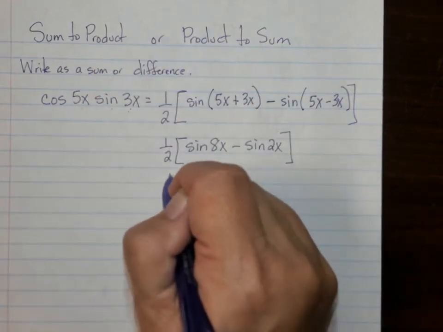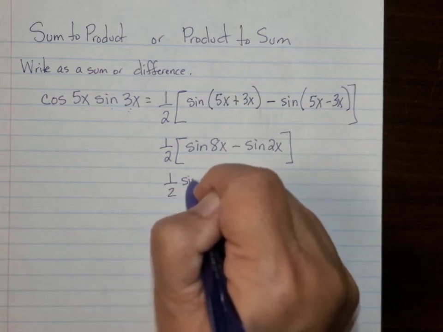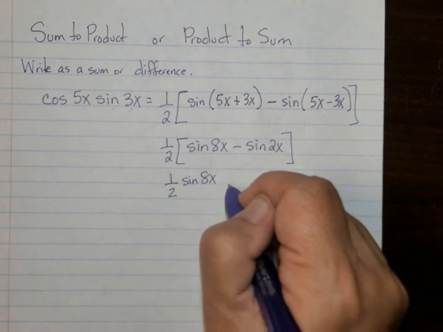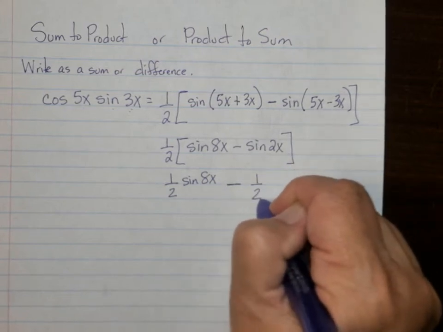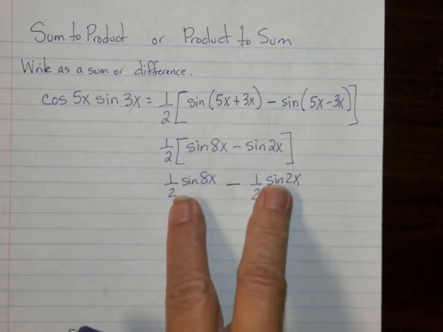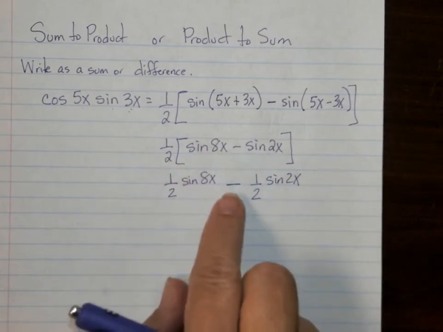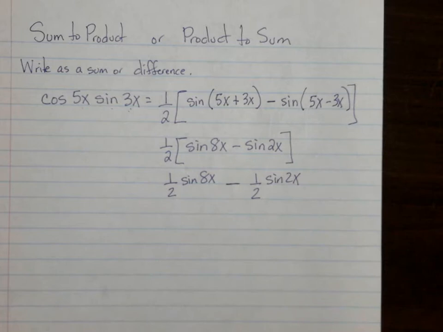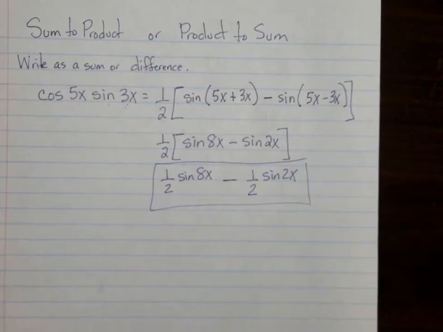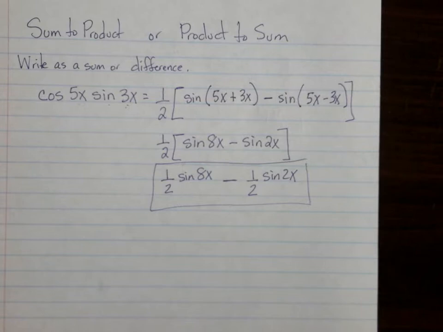So I'm going to go ahead and distribute the 1/2. So now it is 1/2 sine 8x minus 1/2 sine 2x. So now this is a difference, a term minus another term. You have accomplished your goal of writing it as a difference.